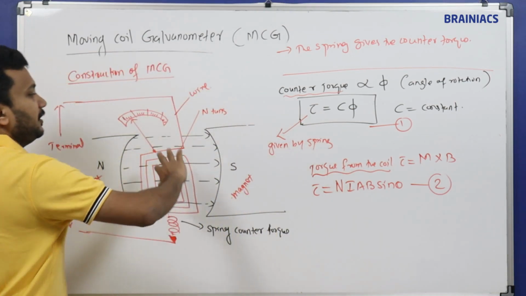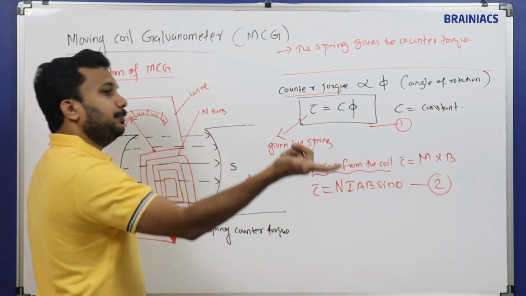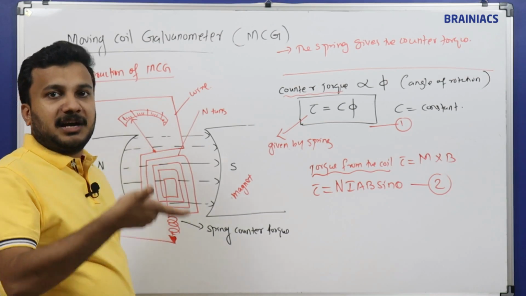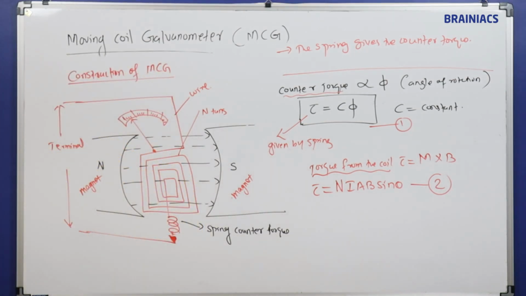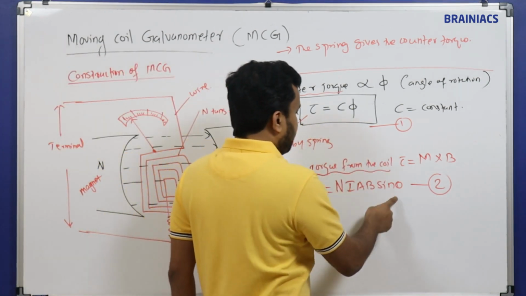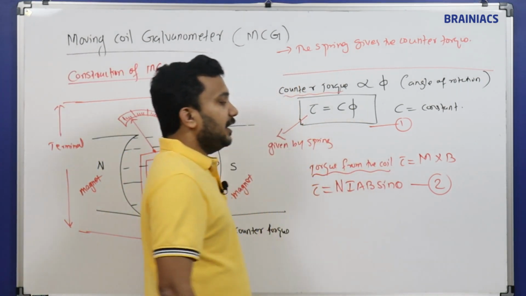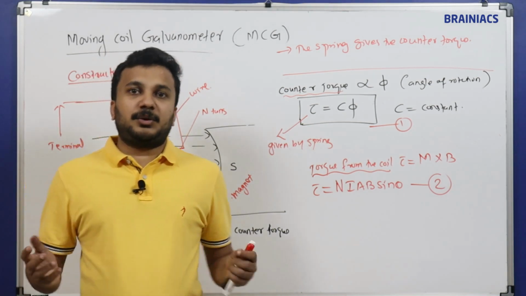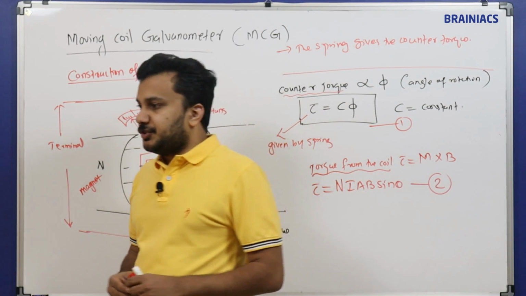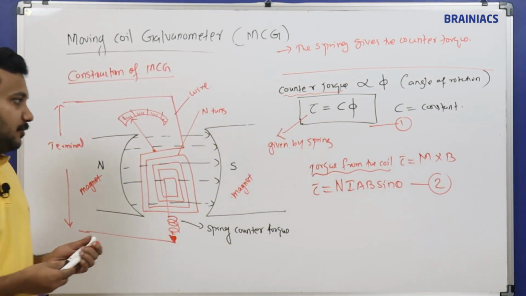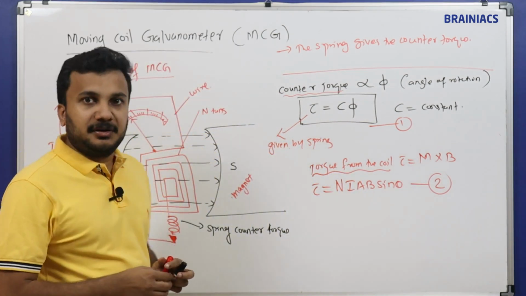So the coil will be going in the forward direction. The spring will turn it back to the normal position. So both the torque amounts are equal. If both torque amounts are equal, what will we do? Torque is equal to C phi. Torque is equal to NIAB sin theta. We can equate these two equations, equation number 1 with equation number 2.